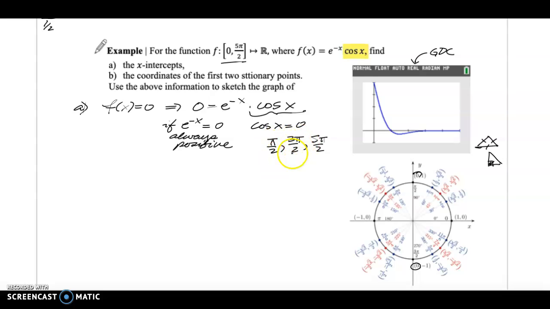So pi over 2, 3 pi over 2, and 5 pi over 2. So there are our points, right? So those are our x-intercepts.